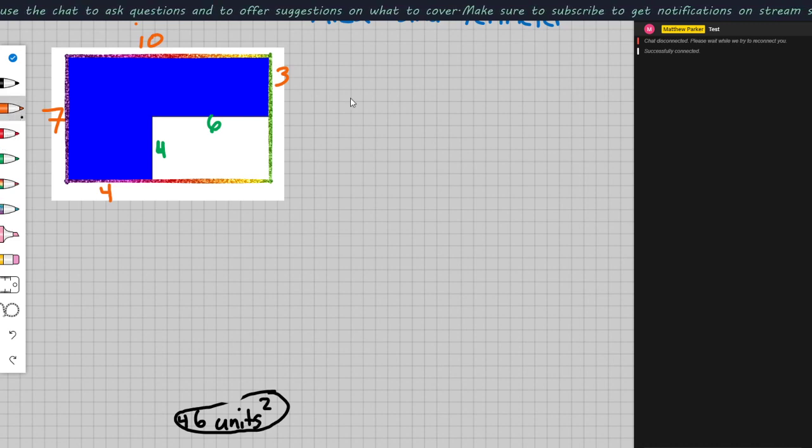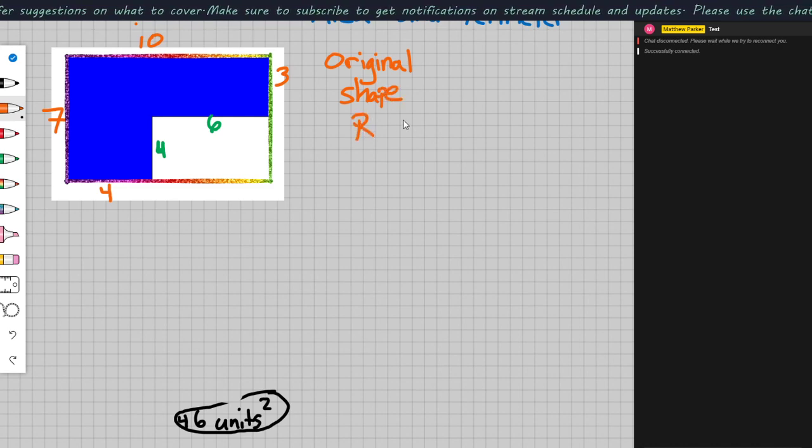So the original shape is a rectangle. So we're going to have length and width, and that length is going to be 10. It's the whole length, not just 4. 4 is only from here to here.